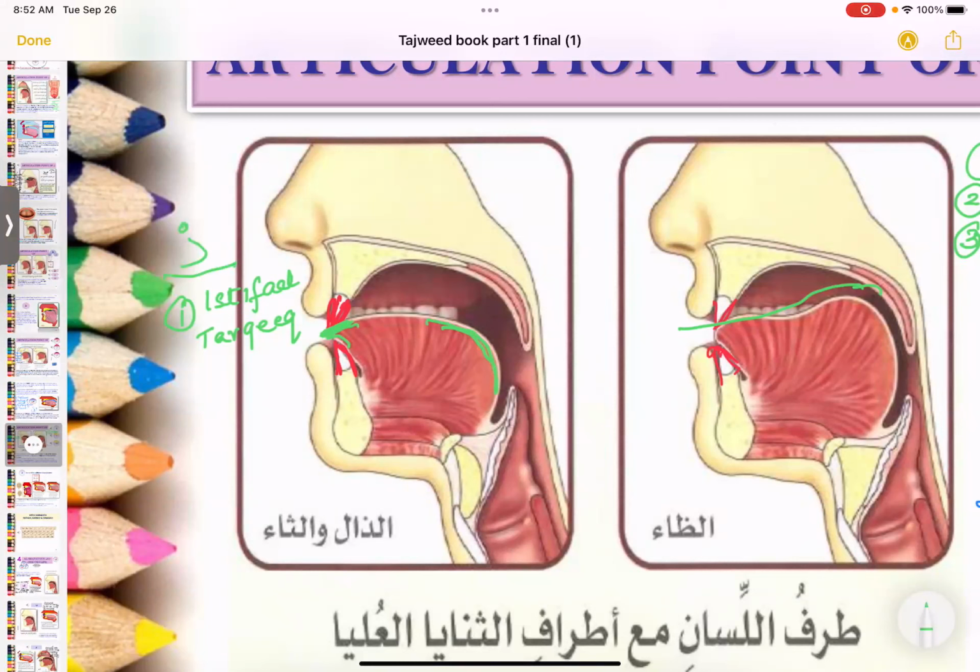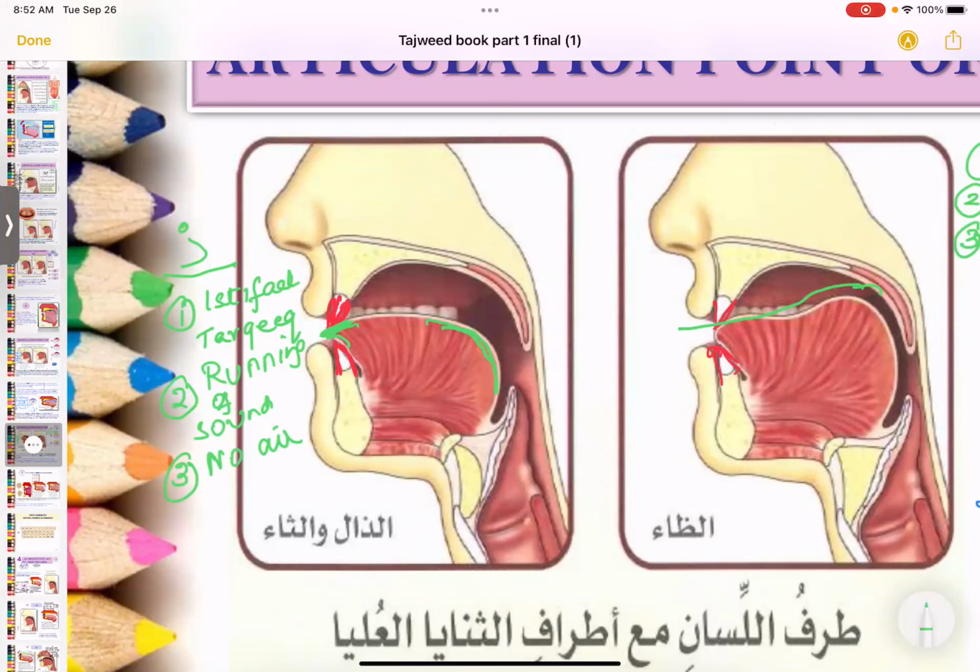So dal is istifal or tarqiq, and what else is happening in dal? There's running of sound. And then the third is there is no air accompanying the sound.